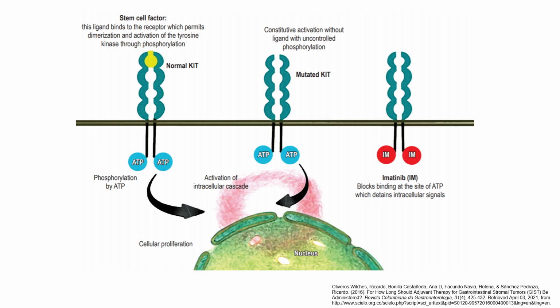In GIST, there is activating mutation of the receptor tyrosine kinase KIT, and this will lead to constitutive activation of this pathway even without the presence of KIT ligand, leading to cell proliferation. Imatinib blocks the binding at the site of ATP, so it blocks ATP from binding to the receptor, thereby stopping the signaling pathway.